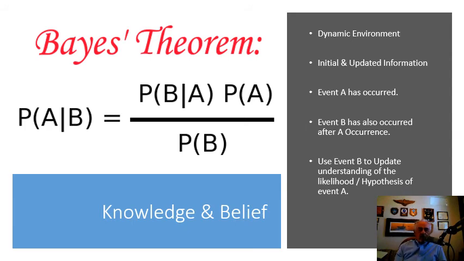Okay, the algorithmic engine of the truth algorithm is Bayes' theorem. Now here we're going to spend a fair amount of time discussing Bayes' theorem because that is the heart of the truth algorithm.